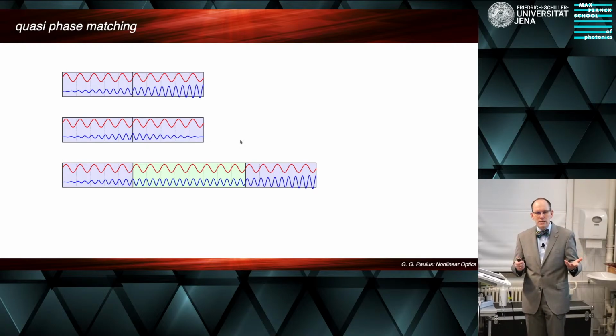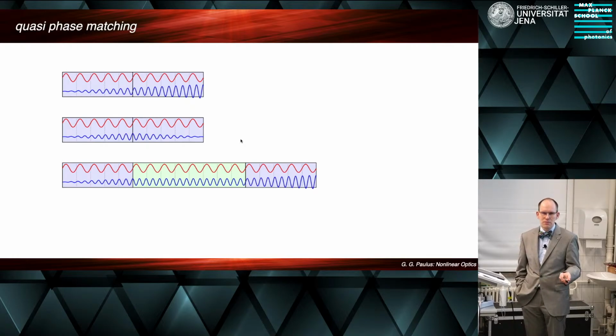There's a problem with it, though. We did a quick calculation a while ago where we saw that the coherence length, and thus the length of these slices of crystal, must be very small, in the order of a few micrometers.